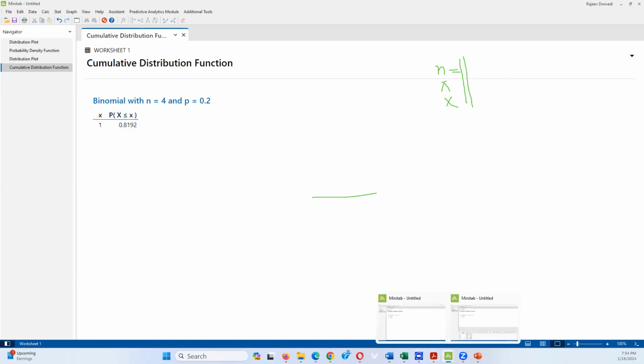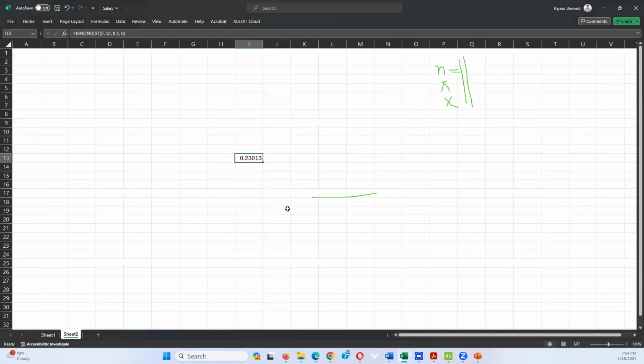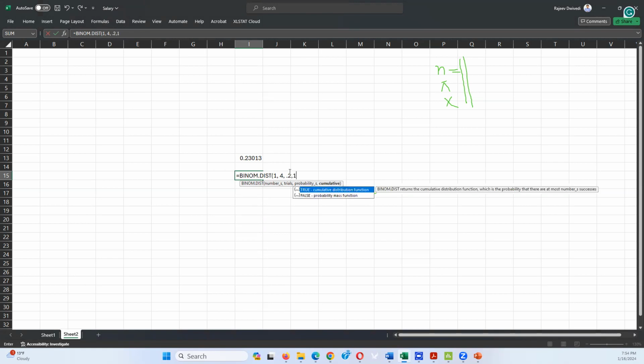Now let's do this in Excel. I go and use binomial distribution. We are going to check up to 1. Tries are 4. Probability is 20%, 0.2. Cumulative, so we put 1 because we are checking this.